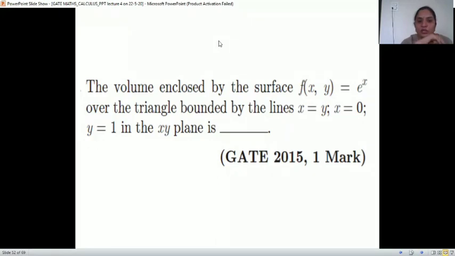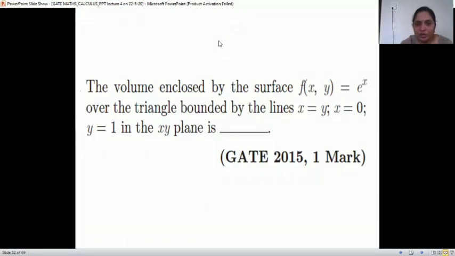I'm giving you a hint. As it is volume, but upper limit z, I cannot see anywhere the z limit. So lower limit, as it is the xy plane, z is 0, I know. But the z upper limit is also not there. That is, the upper limit is also 0 and the integral 0 to 0 is not there. So z we can omit. So volume can be a double integral only. Double integral of f of xy dx dy.